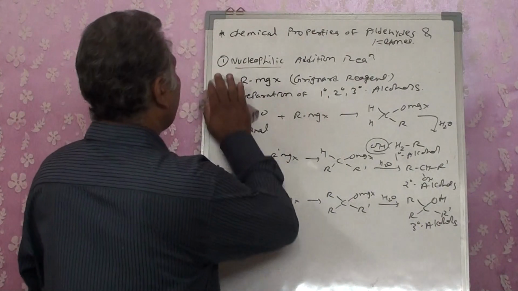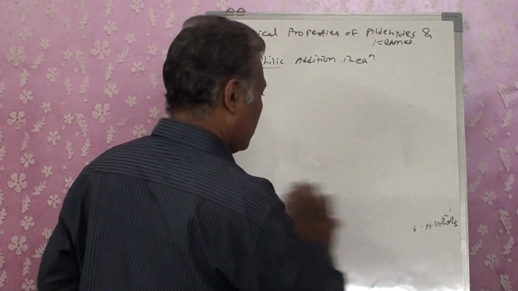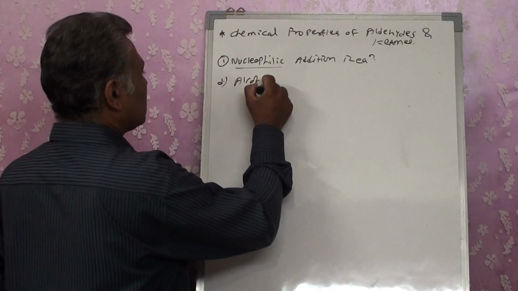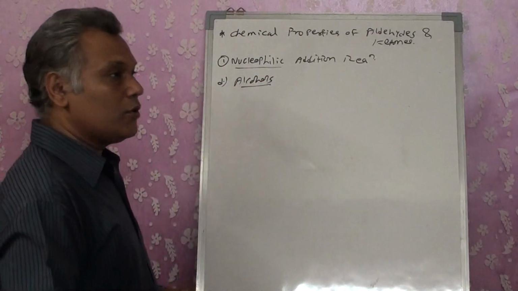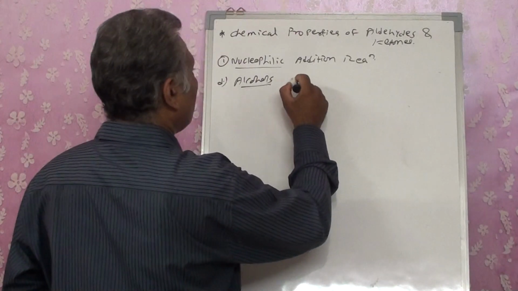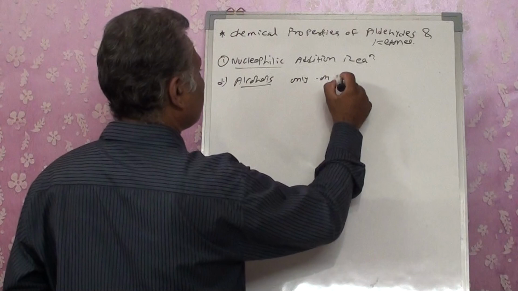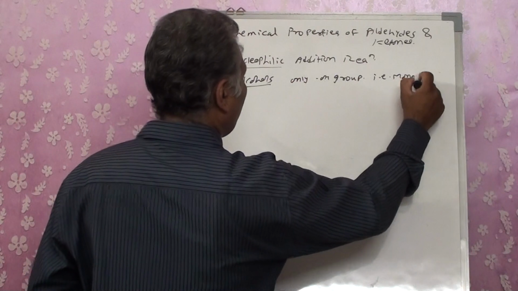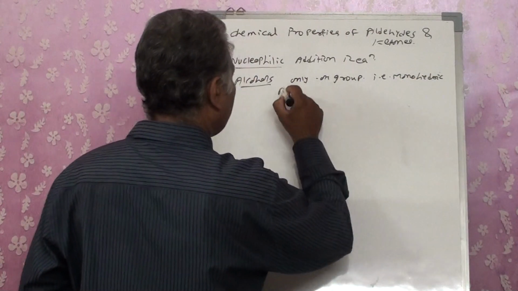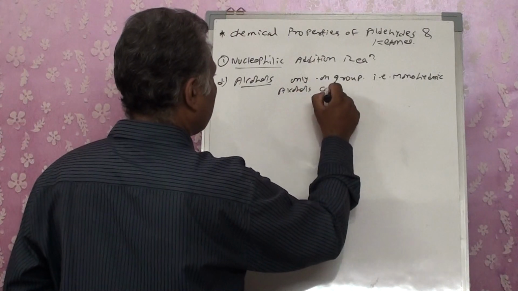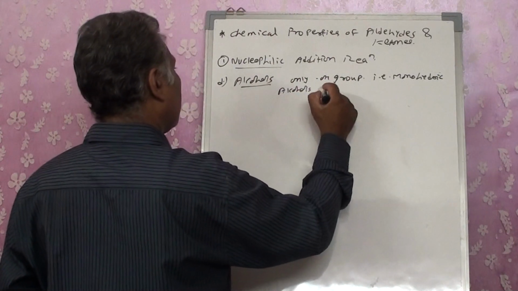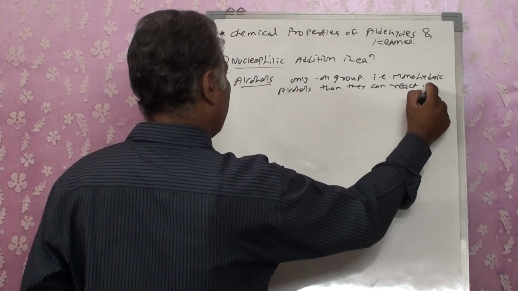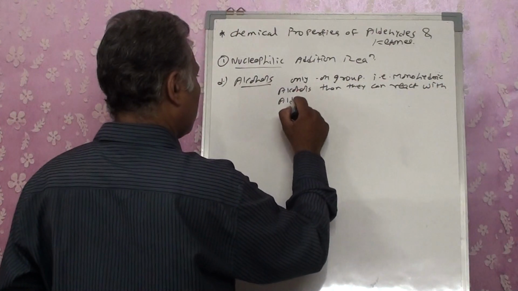Okay, the fourth reaction is with alcohols. Now alcohols, we know that if I am having only one OH group, that is monohydric alcohols, then they can react with aldehydes.